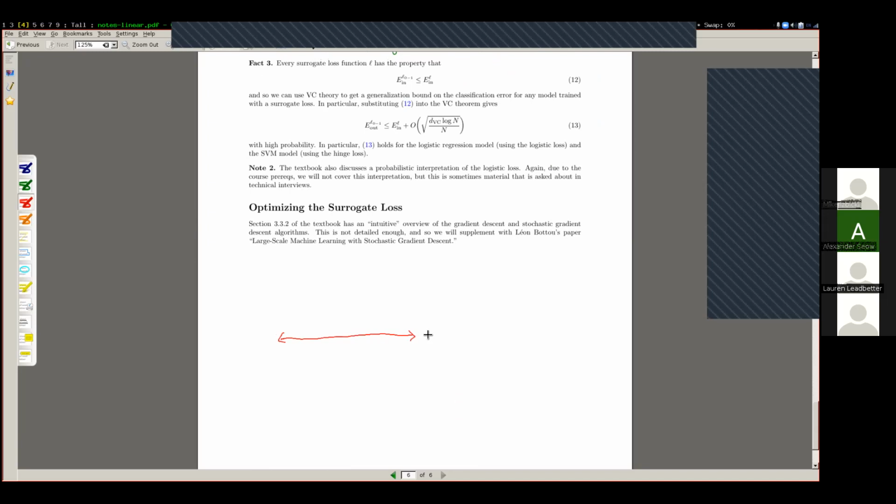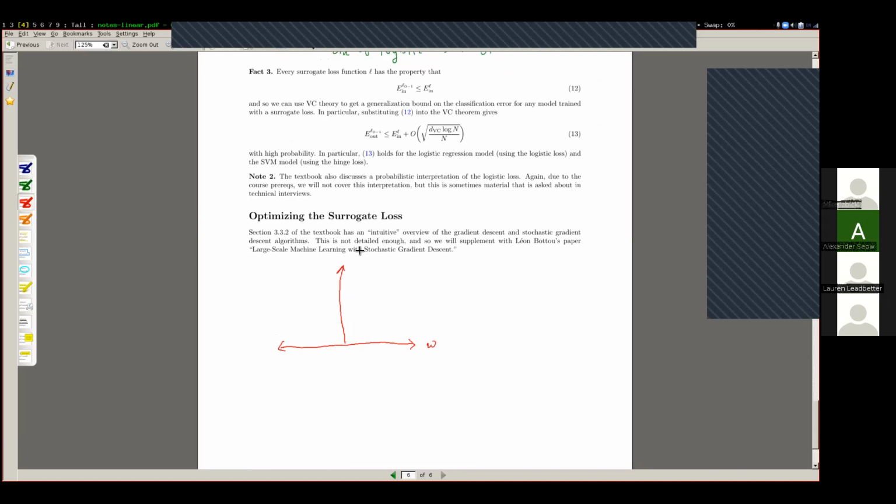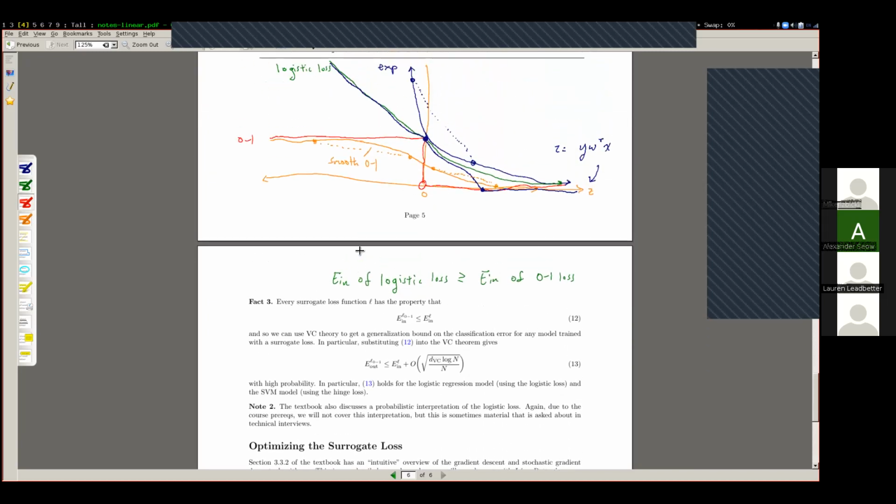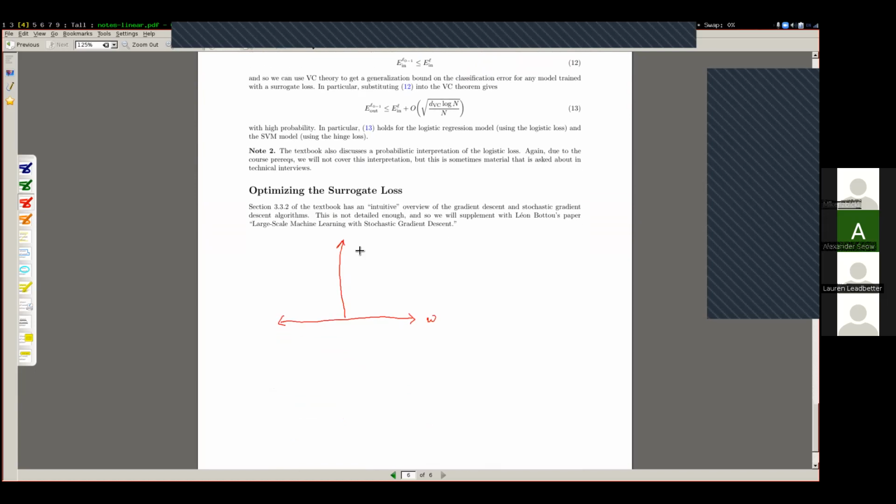So this is the weight vector, and again, the weight vector in general can be multidimensional, so this is just a one-dimensional projection of the weight vector. And then the y-axis is going to be the loss function, not of a single sample. Up here, these are the loss functions on a single sample, but the y value here is going to be the full empirical loss, E sub n, applied with some of the different loss functions.